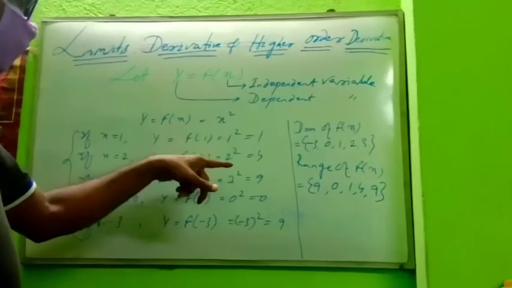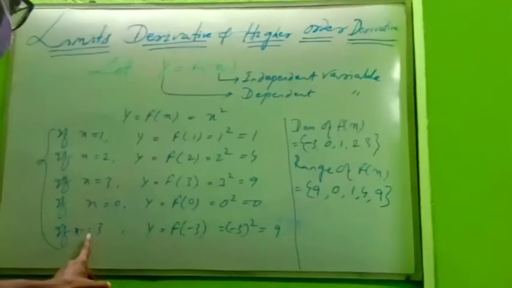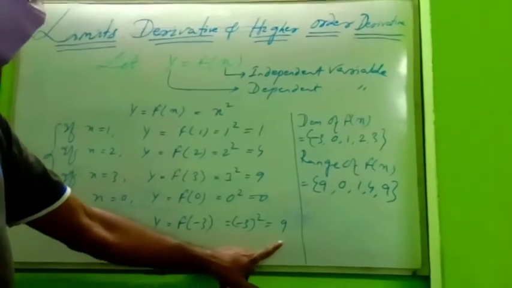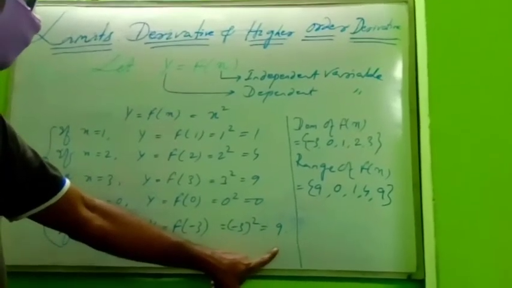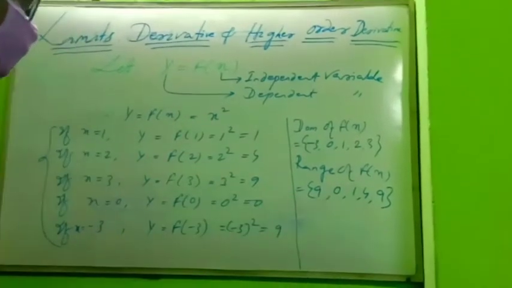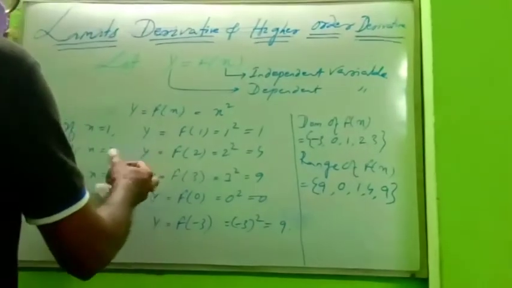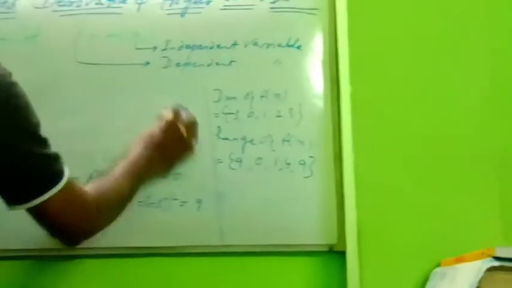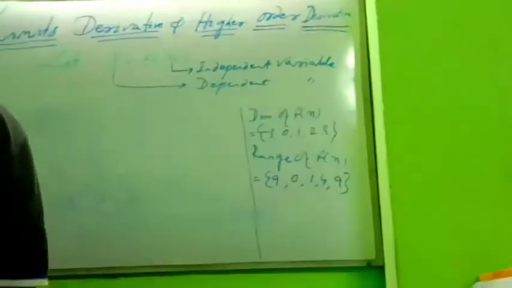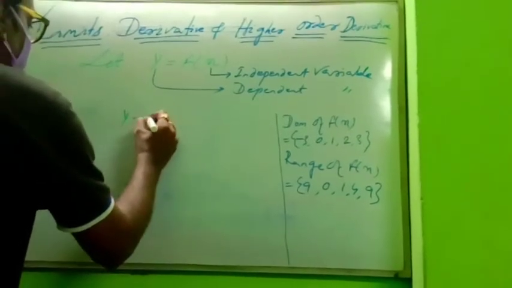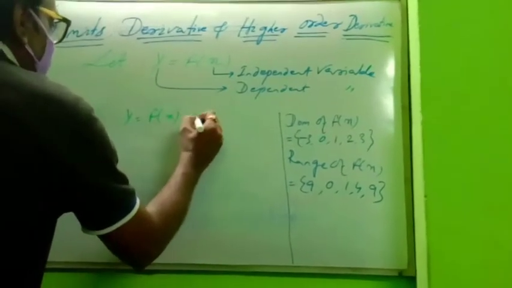The y values you are getting correspondingly, suppose when x is equal to minus 3, y is equal to 9, that is the range. Therefore, the range of f of x is 9, 0, 1, 4, 9. How will I write it here? Let me write this one. That means y is a function f of x, which is equal to x square.